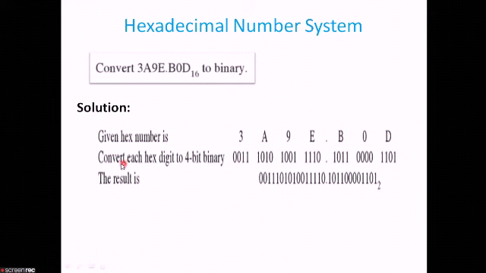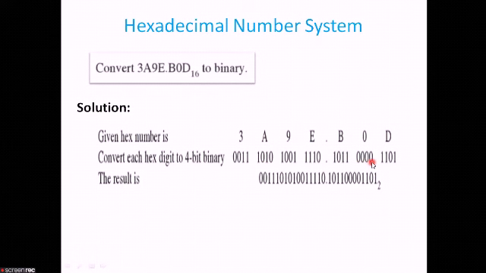Now just write the hex number, 3A9E.B0D, and convert each hex digit to its corresponding 4-bit binary number, that is 0011. A is 10, so it is 1010. 9 is 1001. E is 14, that is 1110. B is 11, that is 1011. 0 is 4 zeros, 0000.